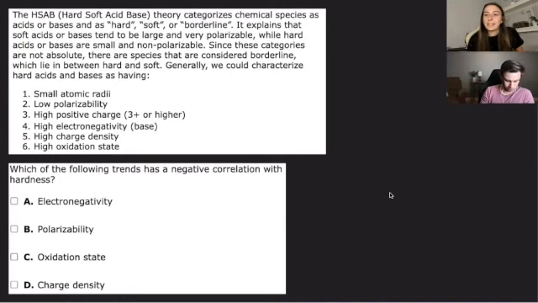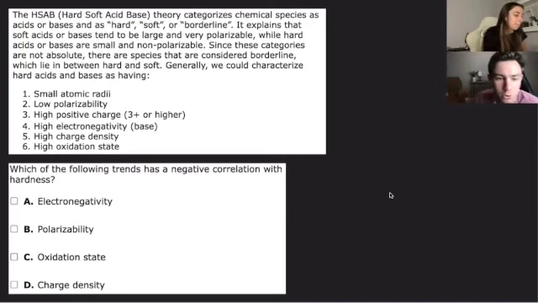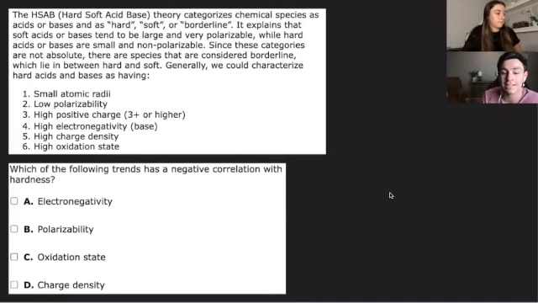You want to take it or me? I'll take it. Okay, so this was also a passage associated question. The actual question stem says, which of the following trends has a negative correlation with hardness? So you've got to figure out what hardness is first, and in the passage, it told you what hardness is.